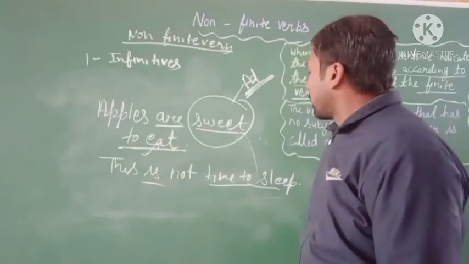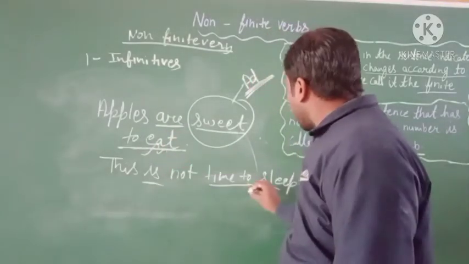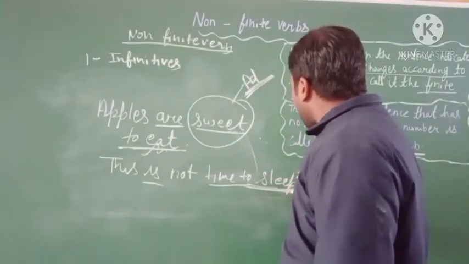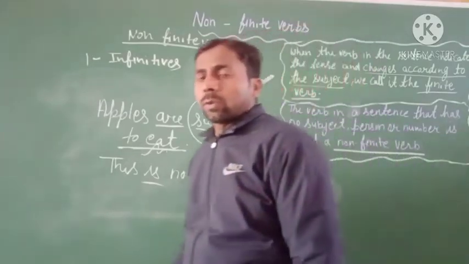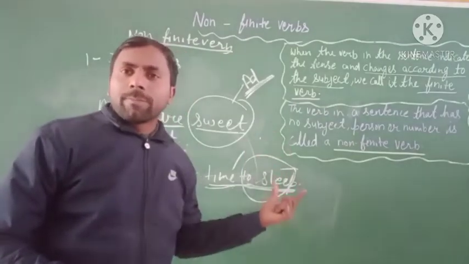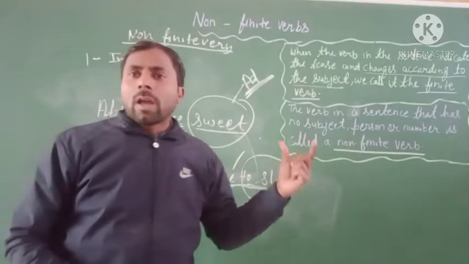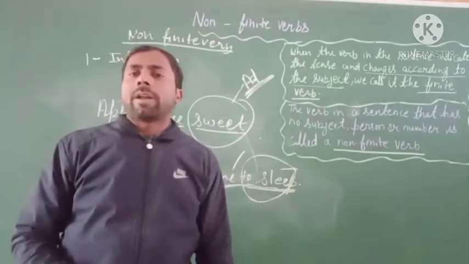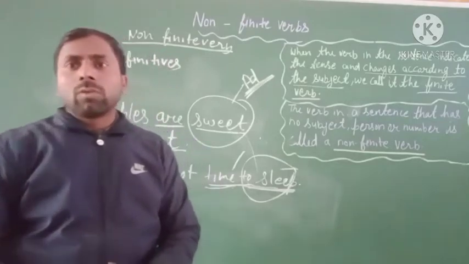To eat is an infinitive, and here, to sleep is a verb and time is an adjective. So this type of infinitive verb also qualifies an adjective or a noun. Okay, clear? I think you know it very well.